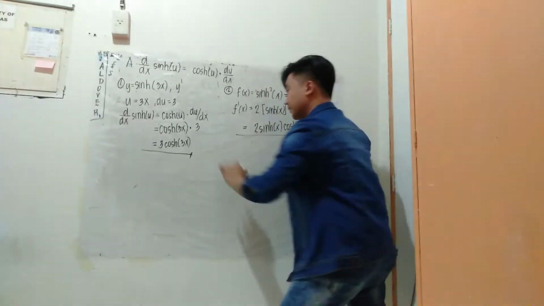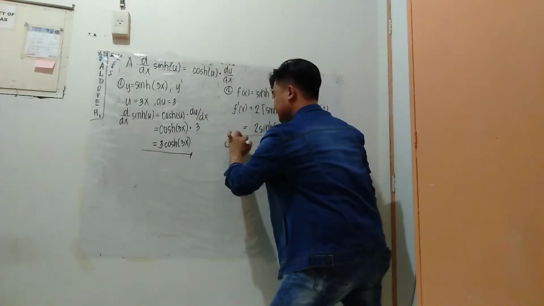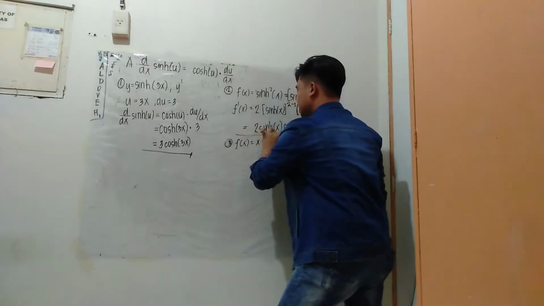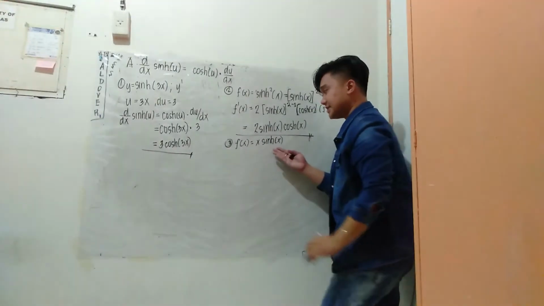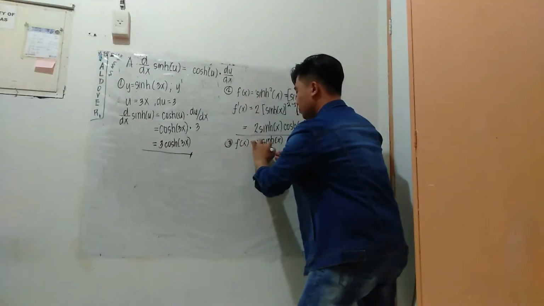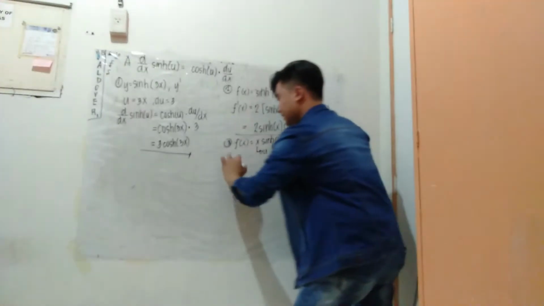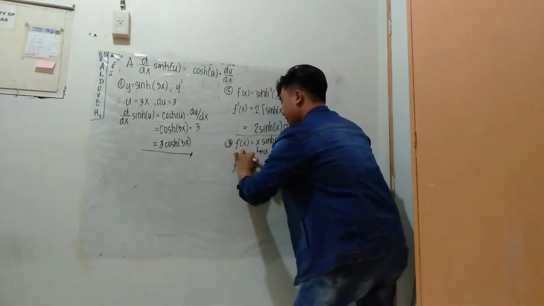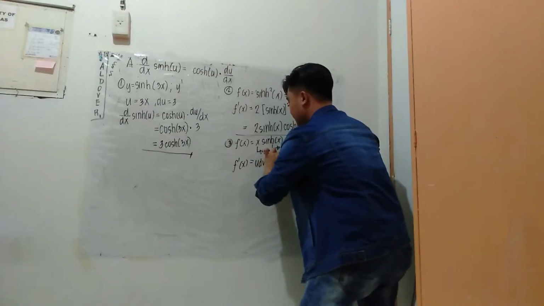Next, third example. What if f of x is equals to x sinh x. Okay? So as you can see, we have u and we have v. And if you want to get f prime of x, or the first derivative, that is simply u dv plus v du.